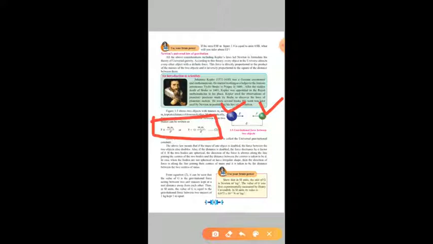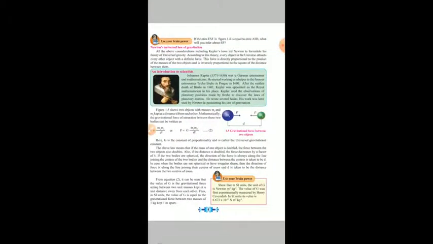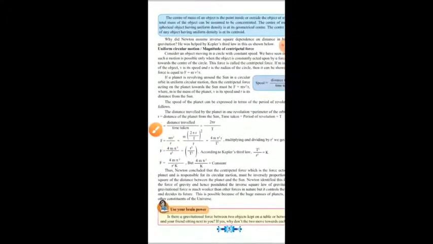G is the gravitational constant, m1 and m2 are the two masses, and d square is the square of the distance between them. After this, you solved a small derivation which shows Newton's inverse square law, that this force is inversely proportional to r square.